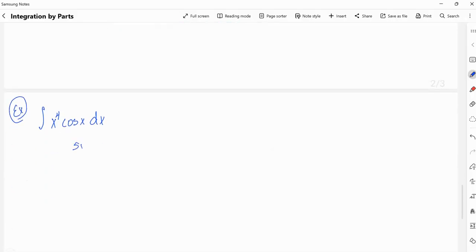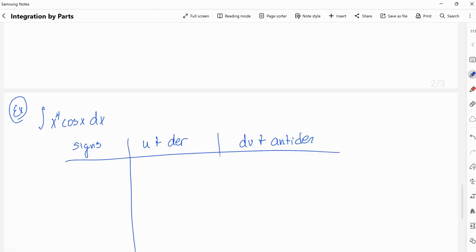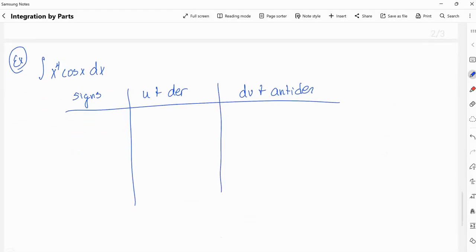So again, we're going to have signs. We're going to have u and its derivatives, and we're going to have dv and its antiderivatives. That means we're integrating that. Signs are going to go plus minus plus minus. We'll figure out how many rows we need. U is going to be the algebraic part, x to the fourth. Let's take derivatives.